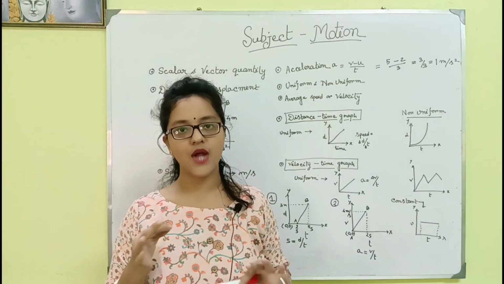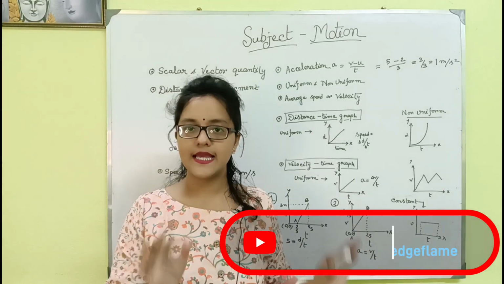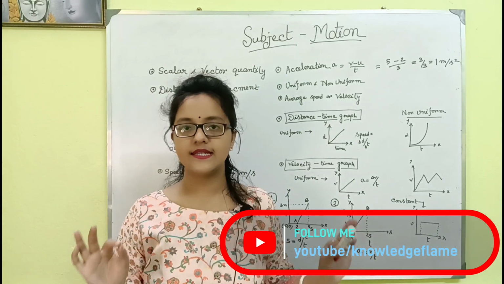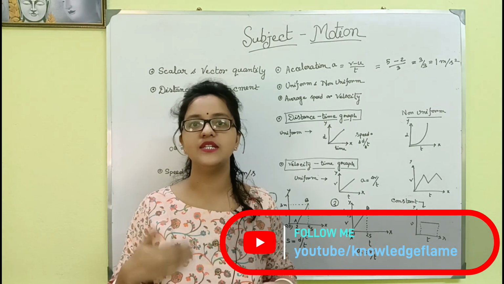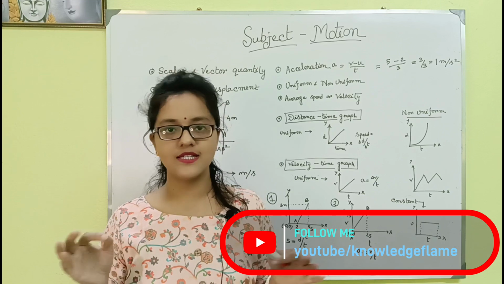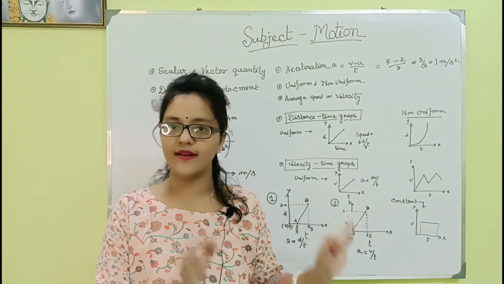The length a body travels from one position to another is distance. It takes some time, and only a number is associated with it. For example, the body moves from one position to another.